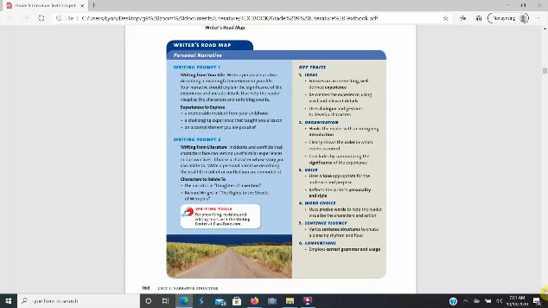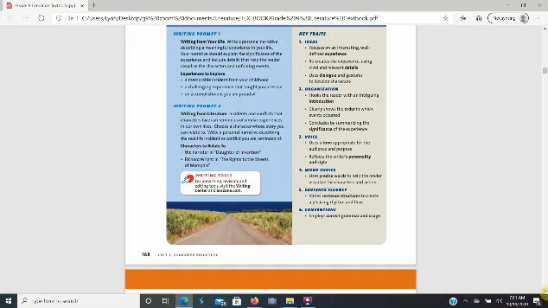Number 2, organization. You must hook the reader with an intriguing introduction. In other words, your introduction should make us want to read the rest of your narrative. So it has to be very interesting. It has to grab our attention. Number 2, under organization, you must show the order in which the events happen.